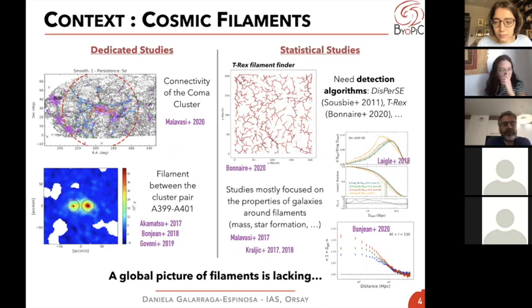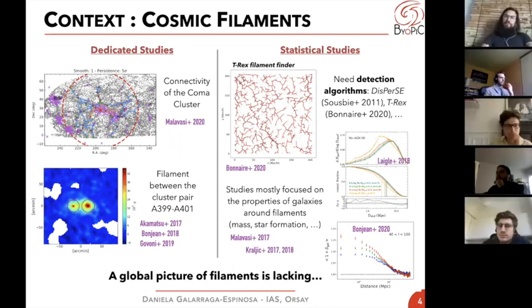As we don't have a clear picture of what filaments are, how can we define them? So we can just keep developing methods and fine-tuning parameters to obtain skeletons. Of course, these results are for the moment dependent on the method I use for defining the skeleton. So what we're doing right now is collaborating with another group.